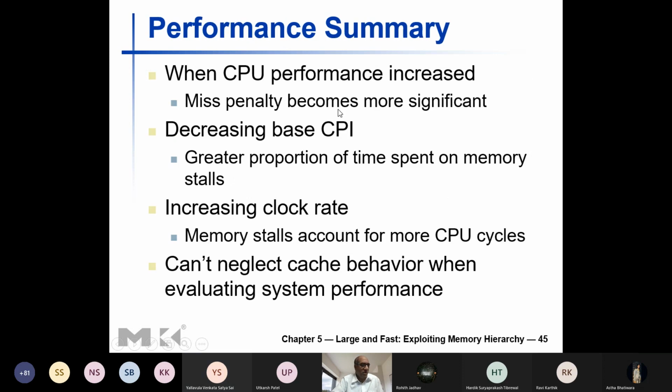Yeah, then this is the overall view of a performance summary by introducing a cache between the CPU and main memory. Suppose, for example, when you try to analyze the performance, assume that the CPU performance is increased.